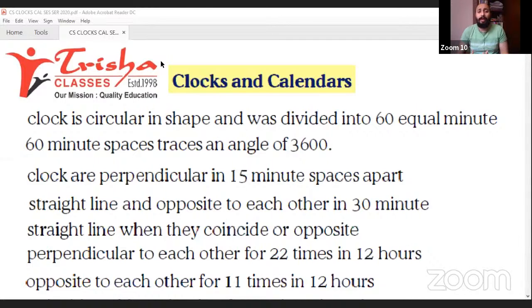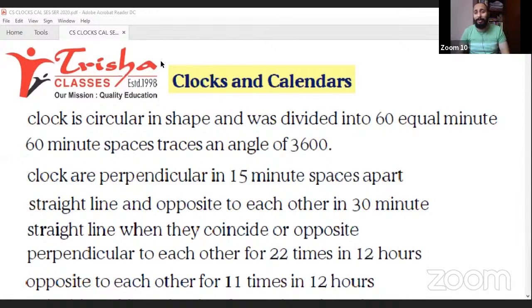It is divided into 60 equal minute spaces, and that makes 360 degrees. So it's a very simple thing; the angle is divided into that much. If you divide by 60, what happens? Every 15 minutes you get perpendicular, so every 15 minutes is 90 degrees, 90, 90, 90.